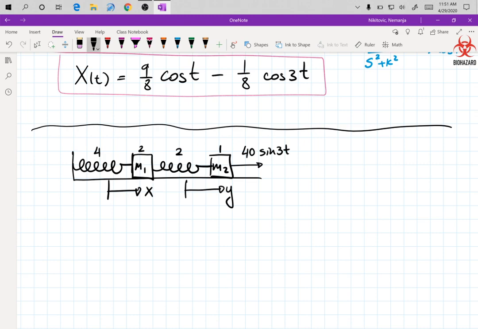We use the same method of transforming this. For each mass, you write the equation. The mass on the first one is 2, and that one is going to be negative 6x plus 2y. Now we used x1 and x2 before, and now we're using x and y.